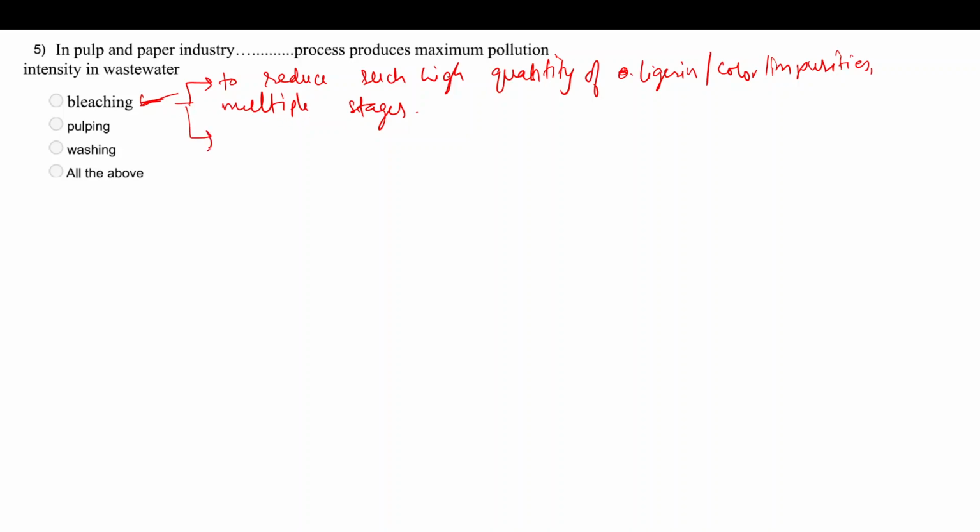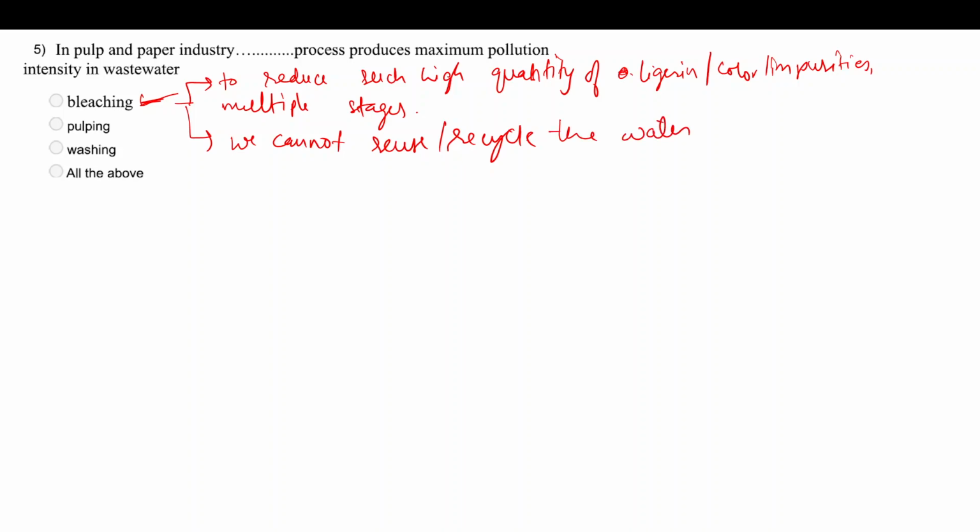And also, usually what we do is try to reuse the water in the process. That is very common in industry. But in the bleaching process, we cannot reuse or recycle the water.